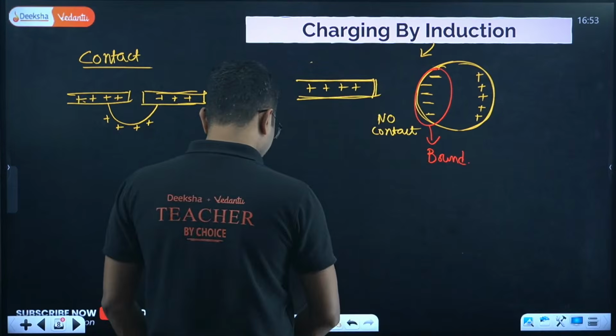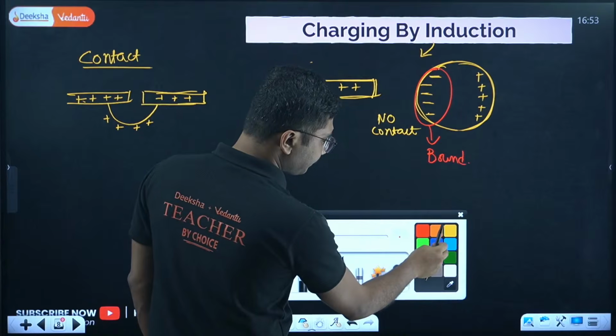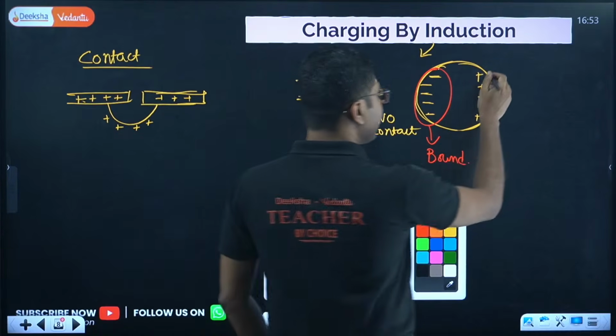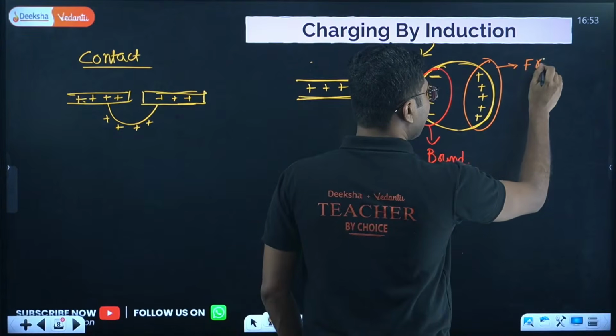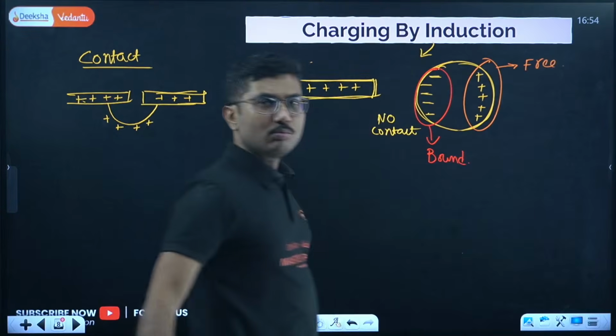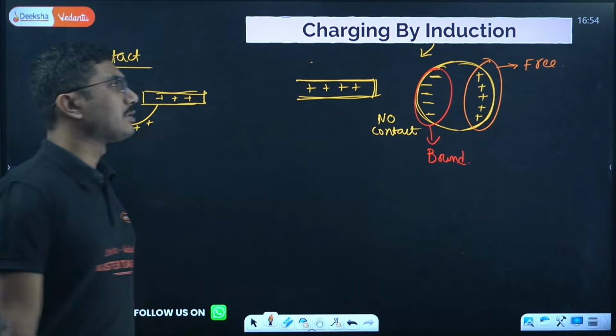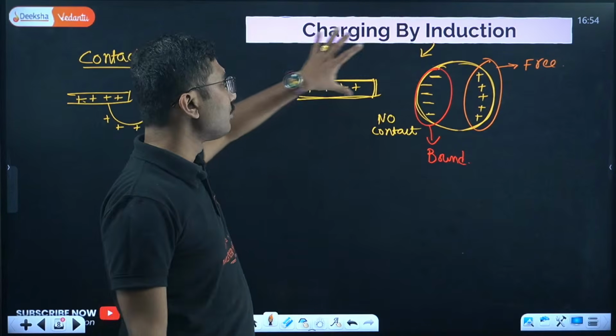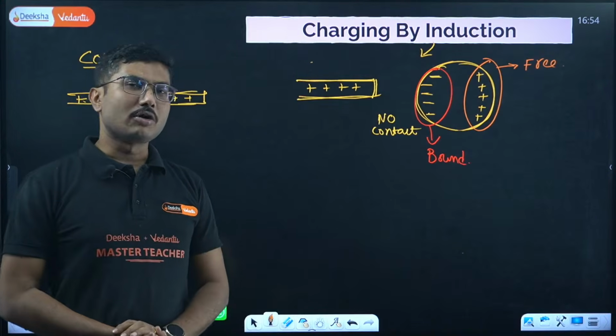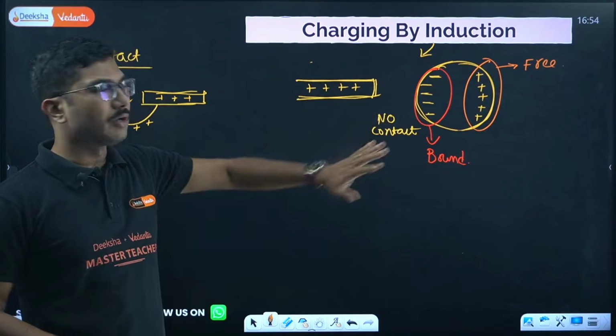Whereas the charges on the other side are free charges. They can move, that's why they are called free charges. These charges are bound to the source charge, that's why they are called bound charges. They are not allowed to move.